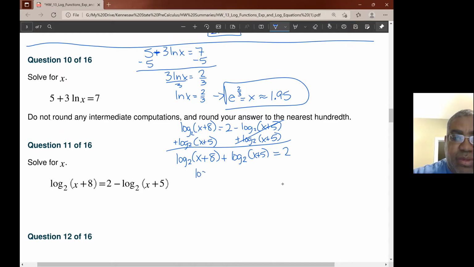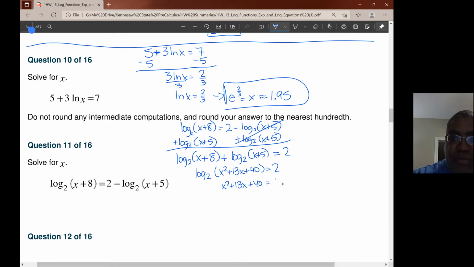So log base 2 of x squared plus 13x plus 40 is equal to 2. Change to exponential, and I end up with x squared plus 13x plus 40 is equal to 4.